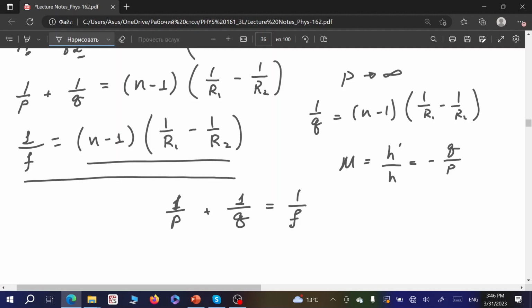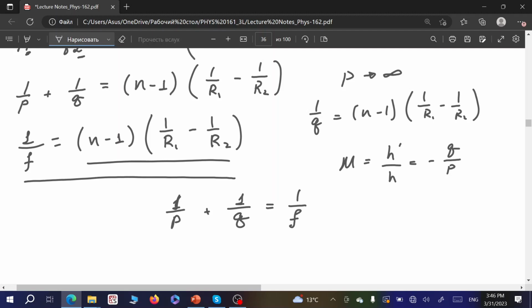You can place your object right in front of the lens. But will it still be equal to 1 over f? Oh, yes, of course. This 1 over focal distance is a property of the lens. It is constant and does not depend on anything other than the properties of the lens.